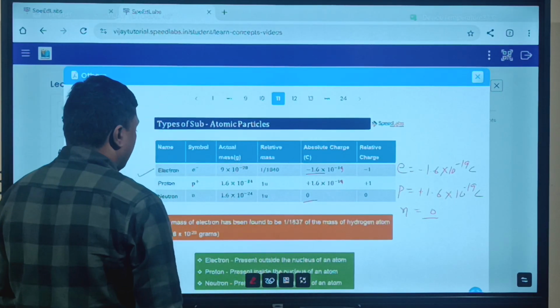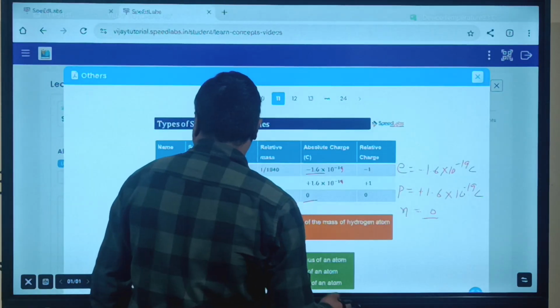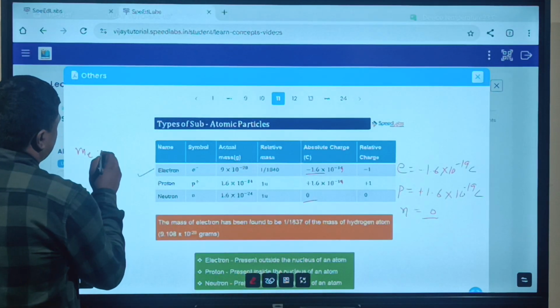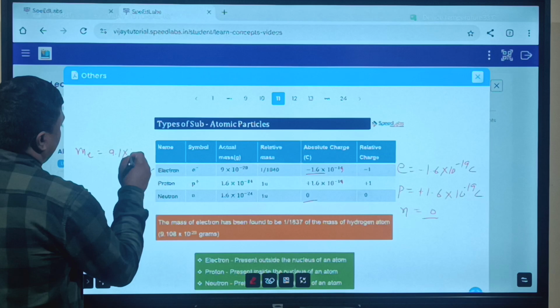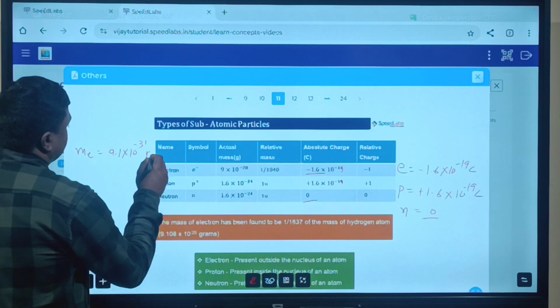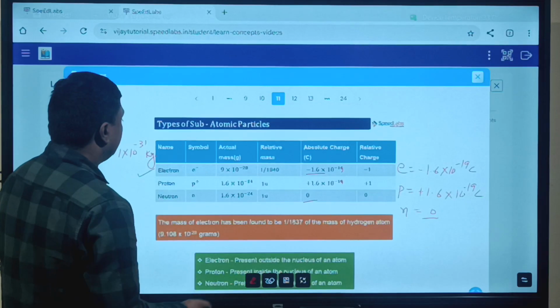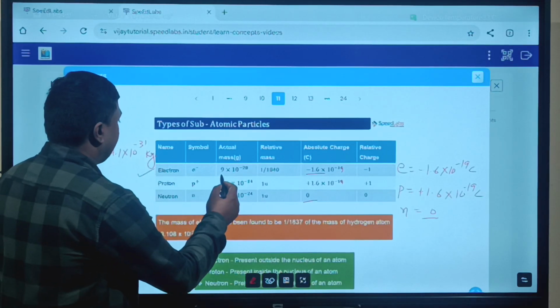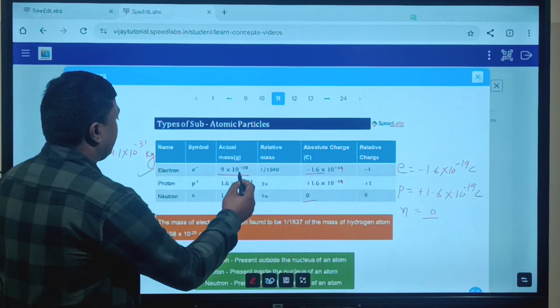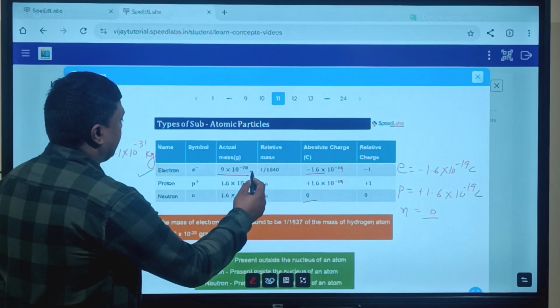When we talk about the mass of an electron, it is 9.1 into 10 to the power minus 31 kg. If you want to convert into gram, you have to multiply by thousand, and you will get approximately 9 into 10 to the power minus 28 gram.